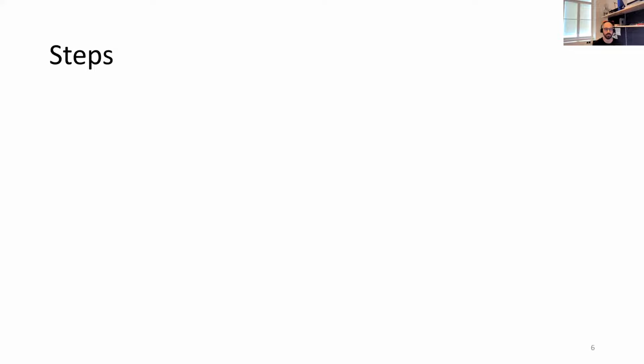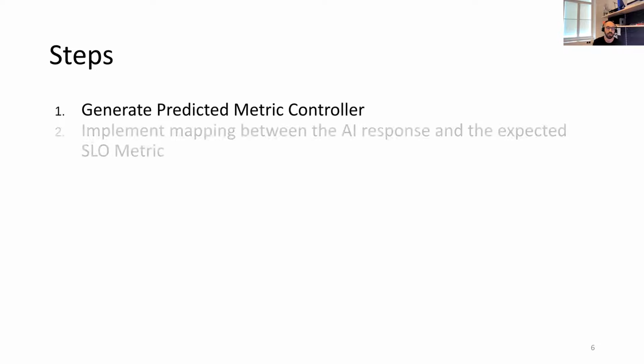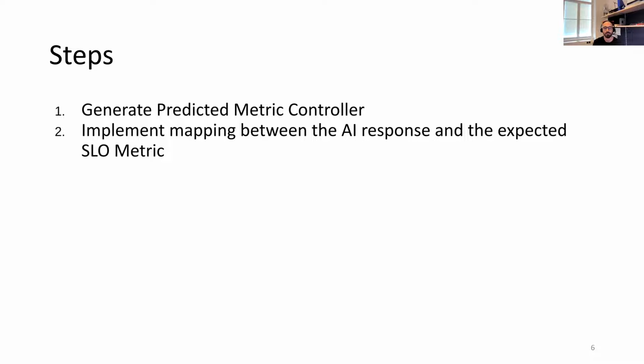Next are the steps that we are going to see in the presentation. First of all, we generate the predicted metric controller. We implement the mapping between the AI response, namely the response that we get from the AI service, and the SLO metric. Obviously the AI service is not aware of any SLO metrics or composed metric types, so we have to convert this.